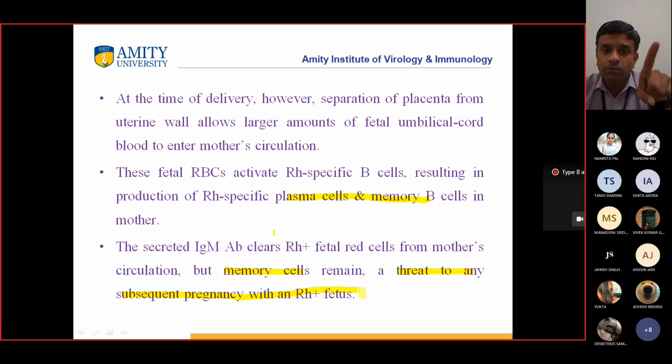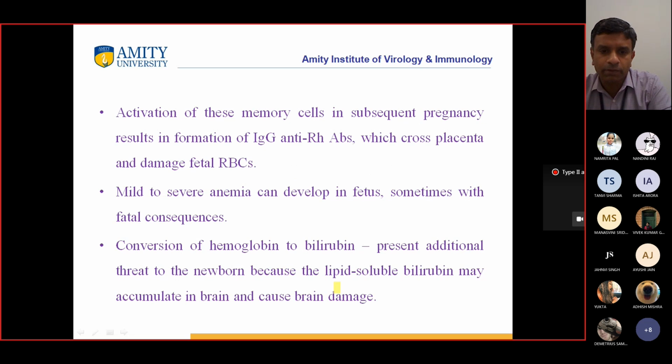If the same female gets pregnant a second time with an Rh positive baby, then the baby is in danger, because now the mother has the antibodies and the memory cells, which will also start producing antibodies. All those antibodies will cross the placenta, reach the fetal RBCs, and start destroying them, right?